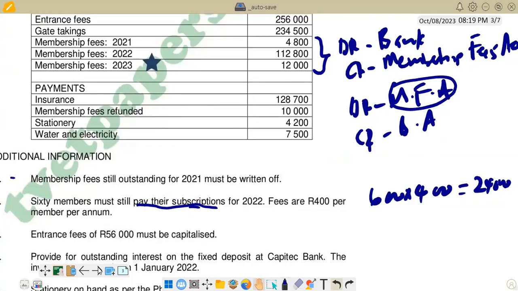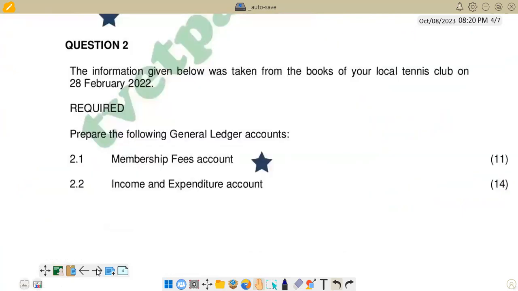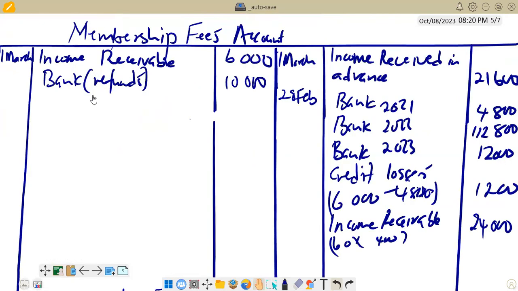So we go back again to our membership fees account, we come on the debit side, and we say income received in advance. And we are given it as 12,000.